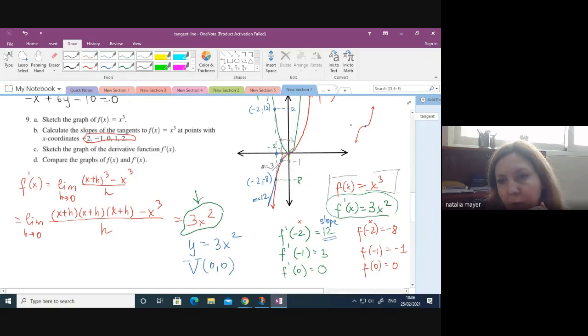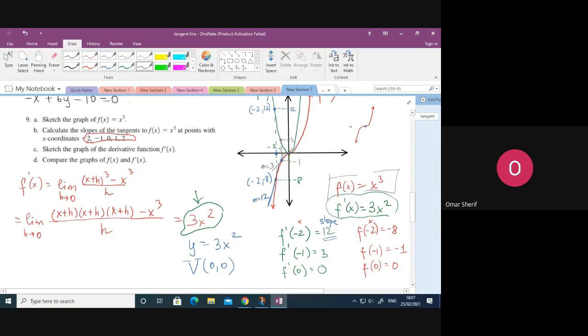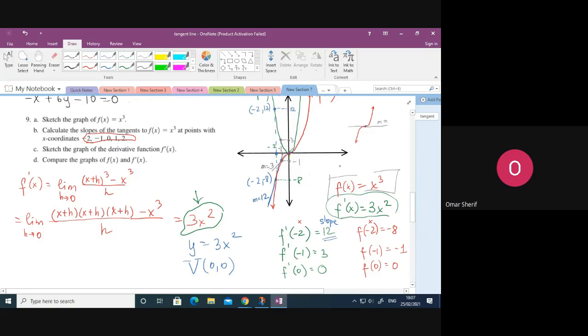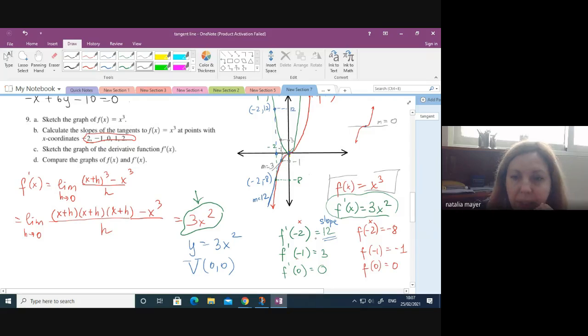Absolutely, it's going to be horizontal. And what do you know? y equals 0. What is m for the horizontal line? For a horizontal line it is 0. And this is confirmed here. f prime of 0 is 0. And as you can see, for the parabola, which represents the derivative function, the vertex is at (0, 0). So this is the point for x value of 0. The corresponding y value is also 0.